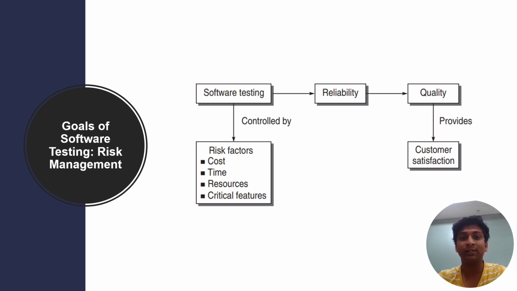Software testing is controlled by risk factors such as cost, time, resource, critical features, like how much money have you taken to make it, what is your time, what are your resources, and after all this critical analysis, if your customer satisfaction is high and your risk management is low, then you are good to go with this system, right?